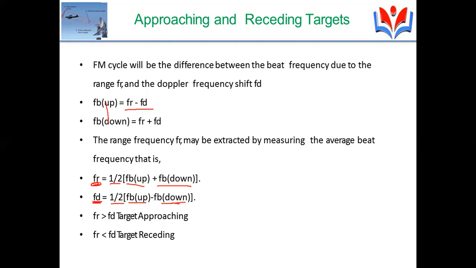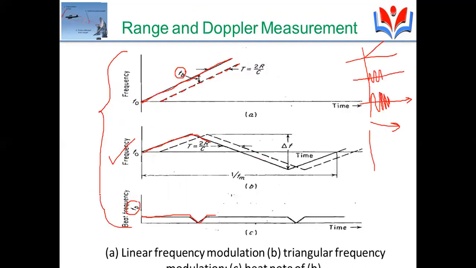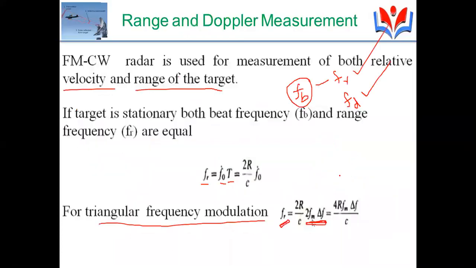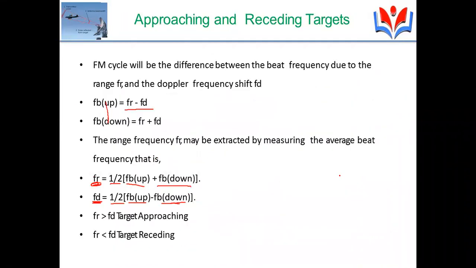Once you have FR and FD from the frequency counters, we know the Doppler frequency and the range frequency. Two frequency counters will be here, one to count the Doppler frequency and one to find the range frequency. From these two, we can identify the things.